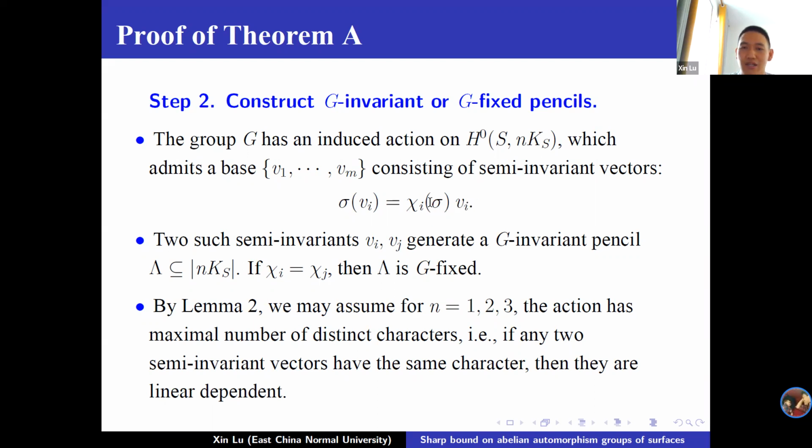This chi_i is some character of the group G. And if you take two such semi-invariant vectors Vi and Vj, then we will get a G-invariant pencil in the linear system, and of course, if these two characters are equal, then this pencil is G-fixed.